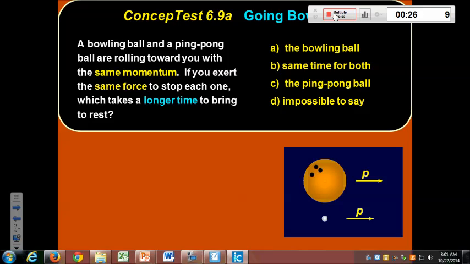Not necessarily the same speed, they have the same momentum. And don't forget that F is equal to our change in momentum over our change in time.